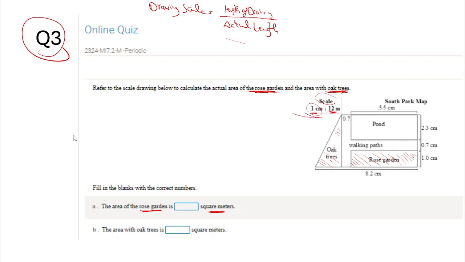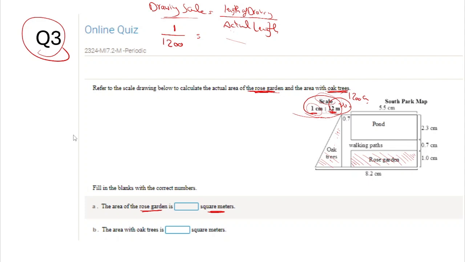So we have to convert this to centimeter. So the drawing scale will be 1 over 1200 because 12 meter multiplied by 100 will give me centimeter. So, okay. And now, length of drawing for the actual length. Now, let's get the area of the rose garden.